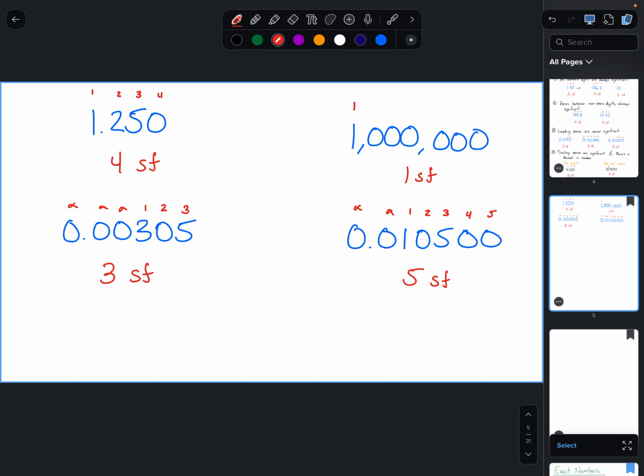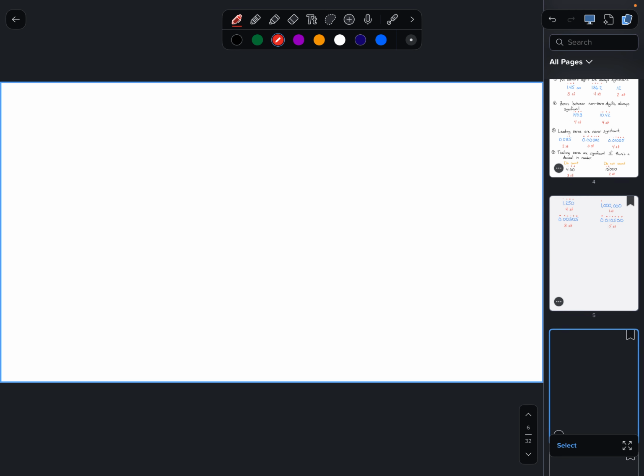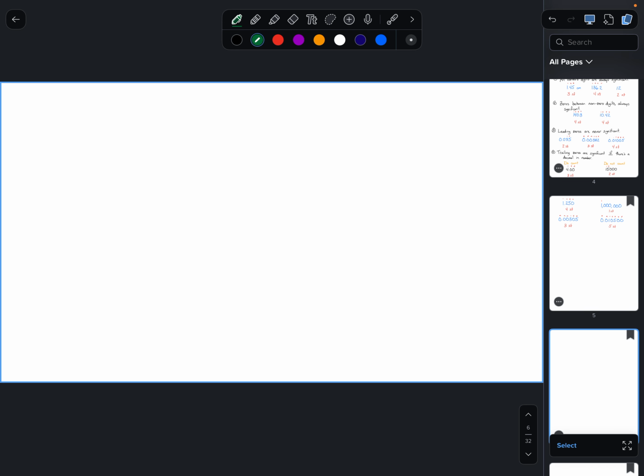Cool. So skill number 1, we need to be able to count sig figs in our measurements. There is an exception, not really an exception because they don't count as measurements, but nonetheless, we have what we call a special case, which are these exact numbers.